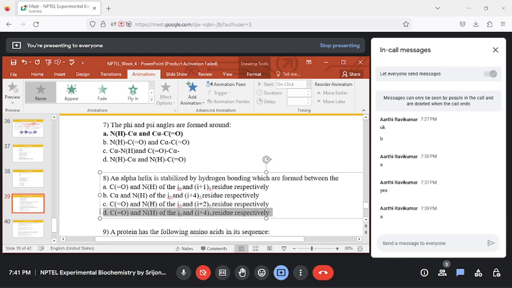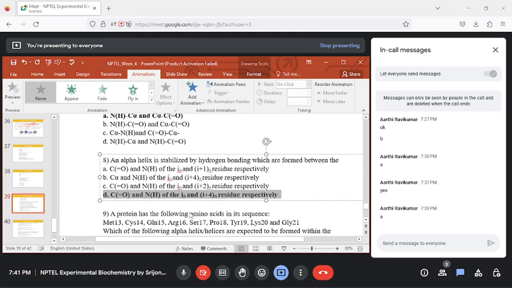These alpha helices have 3.6 residues per turn, and each amino acid is at a distance of 1.5 angstrom, thereby resulting in a pitch, or the difference between two turns, of 3.6 into 1.5, that is 5.4 angstrom. If you look back to my slides, you can see it, and therefore D is the right option. That is, it is formed between the CO and NH of the ith and the I plus 4 residue respectively.